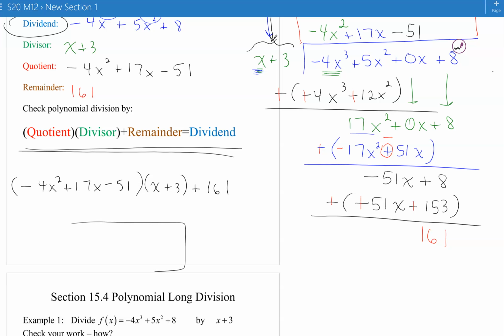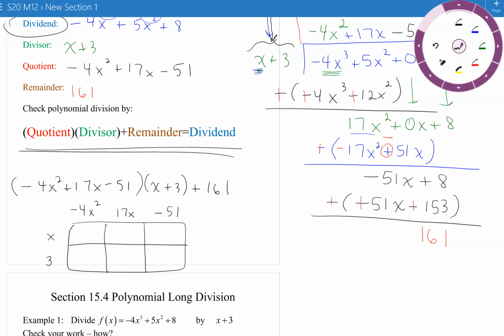So let me encourage you to use the box method for multiplying longer polynomials together to make sure you get all the terms. So we'll have negative 4x squared, 17x, and negative 51 across the top, and then x and 3 down the side. Then each row and column where they intersect, you multiply.